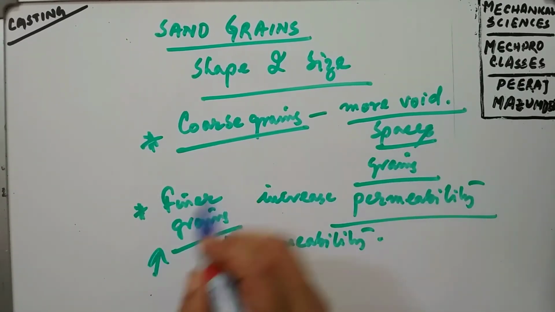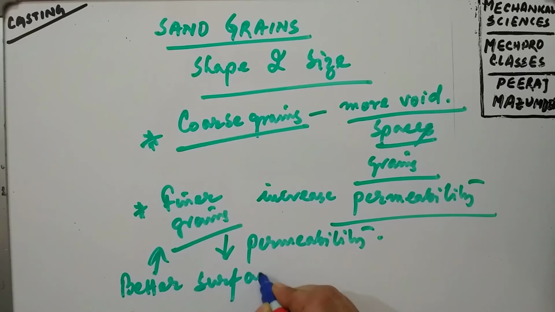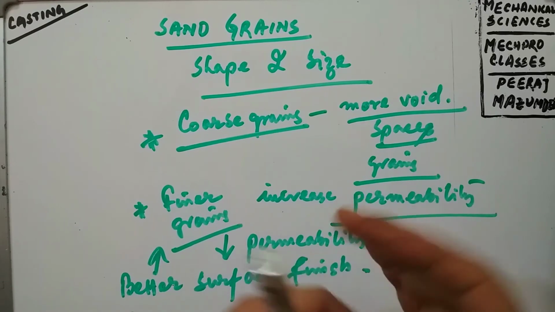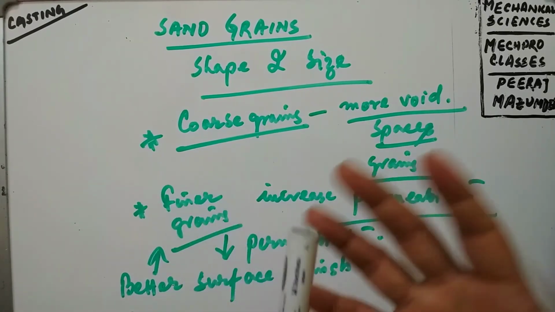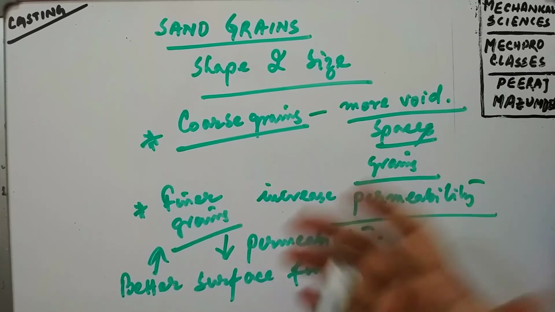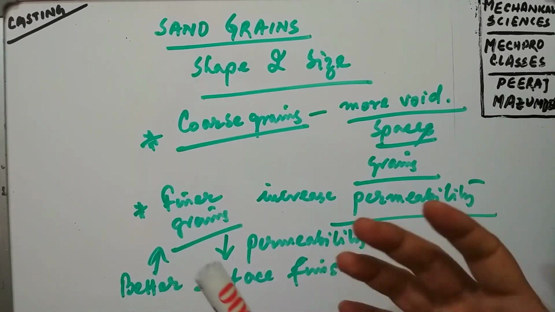That is the advantage of the finer grains, so you can write better surface finish for finer grains. Now there is also widely distributed sand. The widely distributed sand would have higher permeability than the one with the same fineness number, but where all the grains are of the same size.